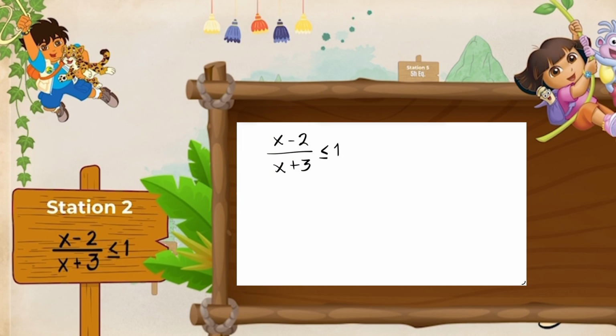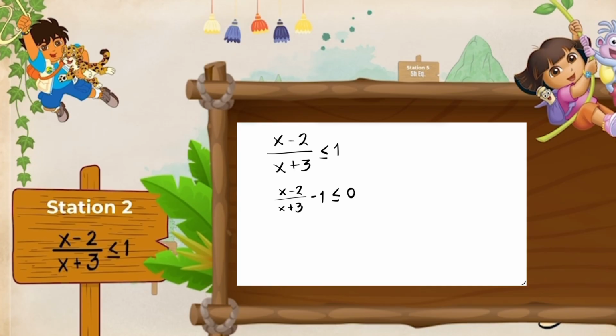What's the first step? Our first step is to transpose positive 1 onto the left side. Therefore, it will become x minus 2 over x plus 3 minus 1 less than or equal to 0.